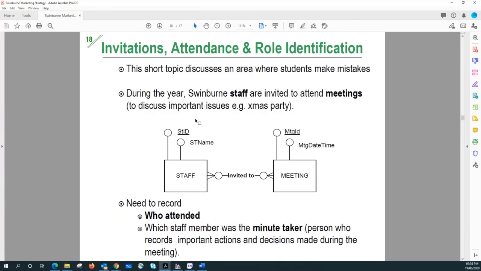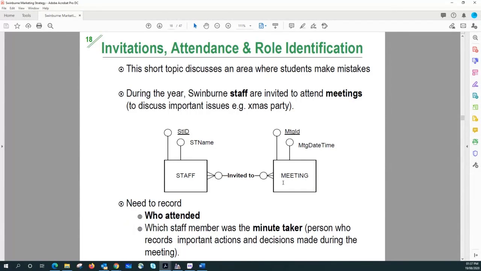So staff is a strong entity. Staff ID is the identifier, and then we have the staff name. Then we have the meeting entity. They have given the meeting ID, so meeting ID is the identifier, and they have also given the meeting date and the meeting time. Here the meeting is a separate entity, right?